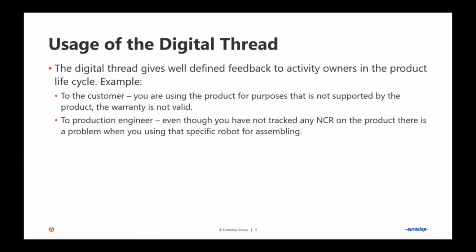The production engineer perhaps had no NCRs connected to a product, but they see using the digital thread that when a specific robot, a physical robot, was involved, they always have a problem. Perhaps that robot uses too much torque for the assembling.